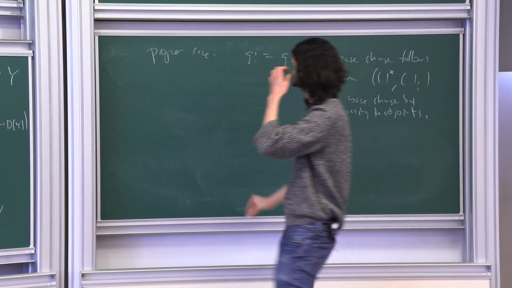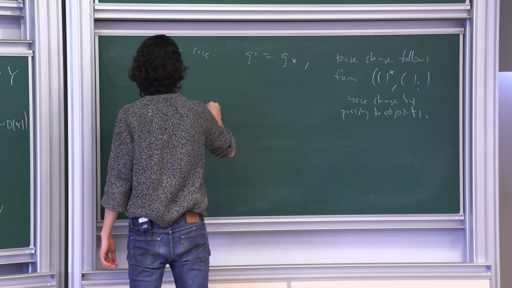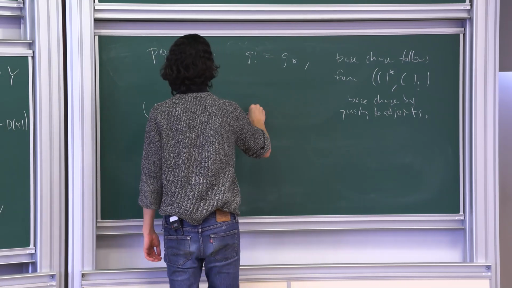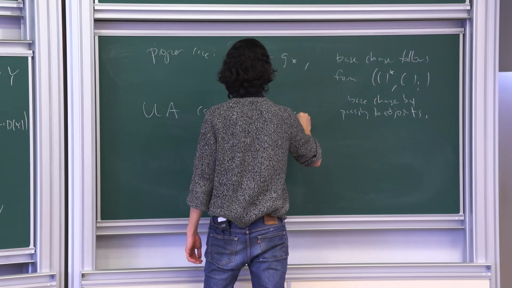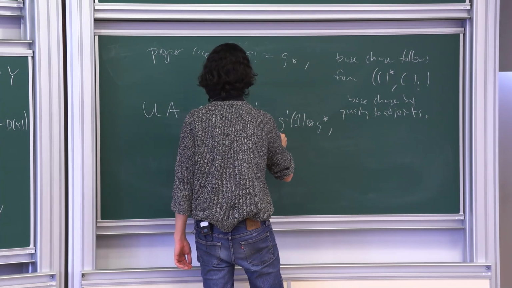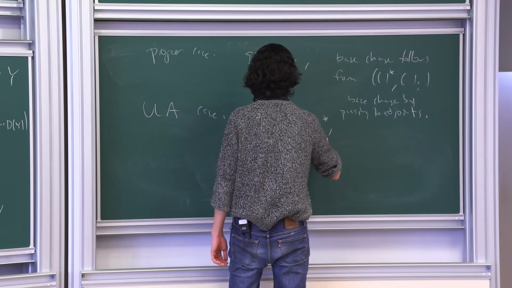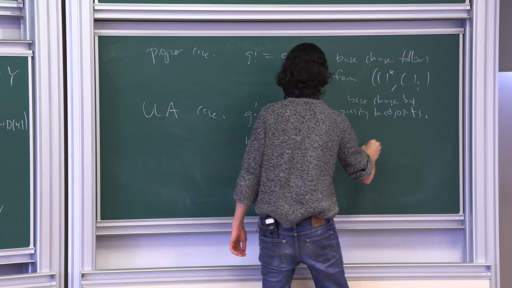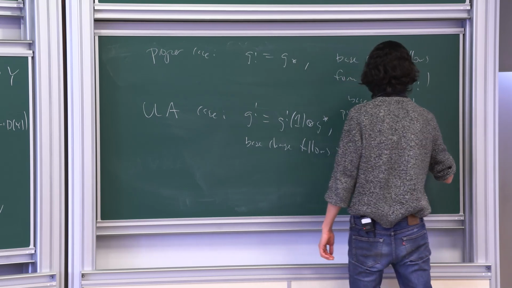And in the ULA case, we have G upper shriek is G upper shriek of 1 tensor G upper star, and the base change follows more directly from, again, the upper shriek lower star base change.